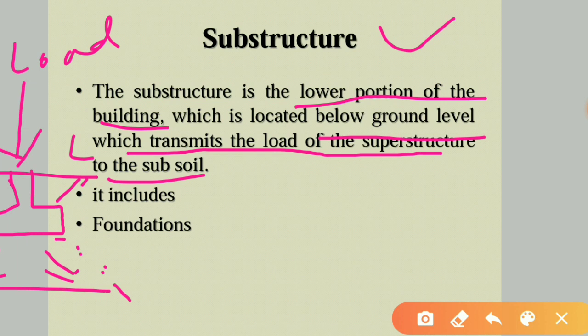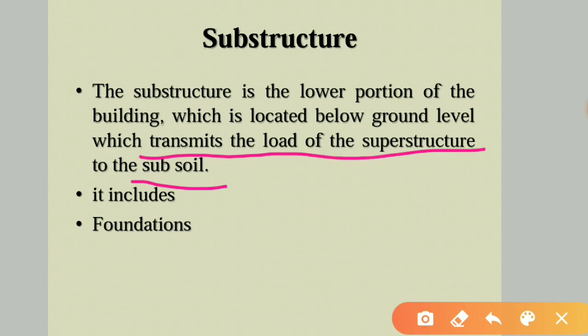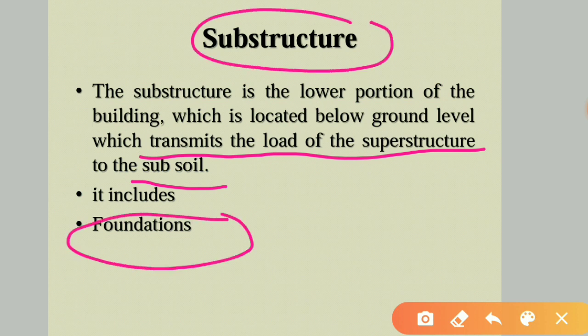So the main purpose of the substructure is to transmit the load of the superstructure to the subsoil. It includes the foundation of the superstructure. The foundation of the entire structure is what we call the substructure.